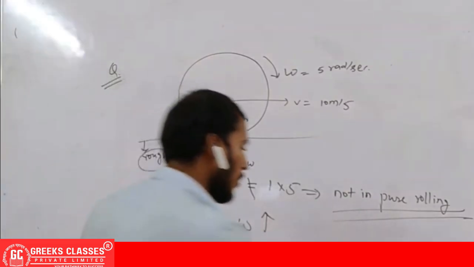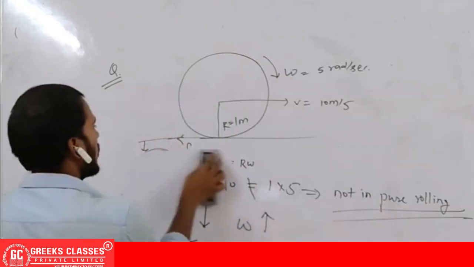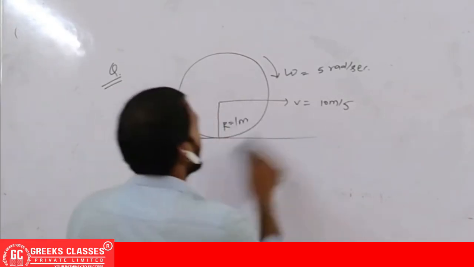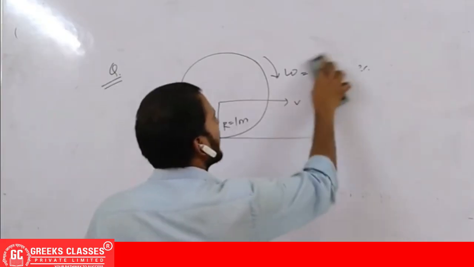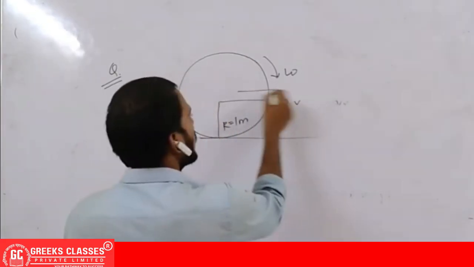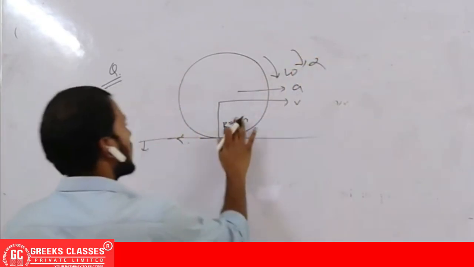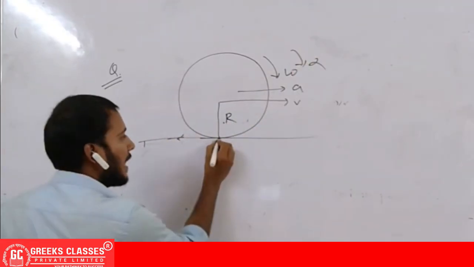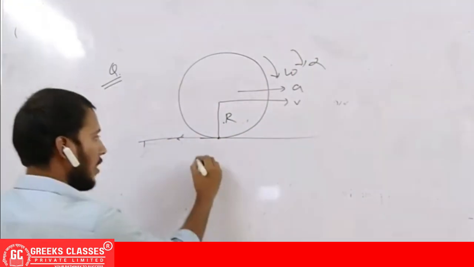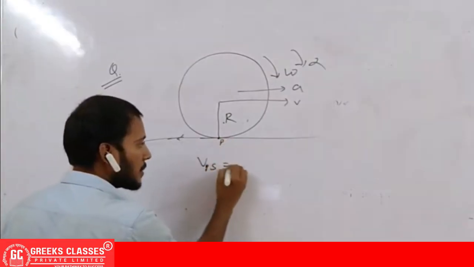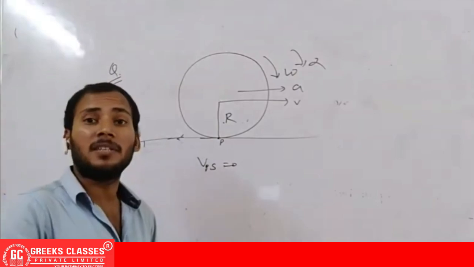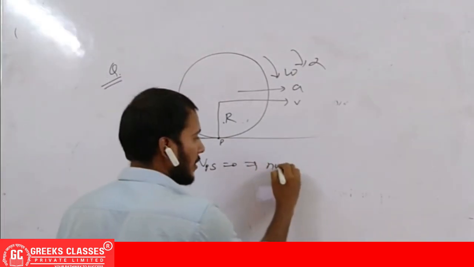One more very important thing that I would like you to know, and that is very important and very basic. So we studied that there is no sliding with respect to surface. That means the velocity of point P with respect to surface is 0.